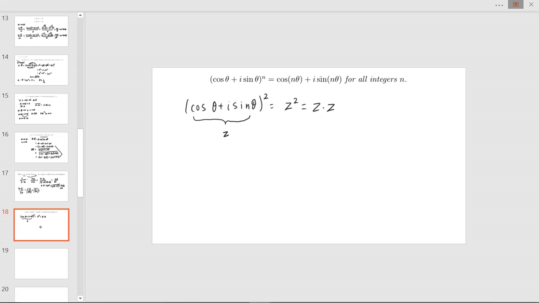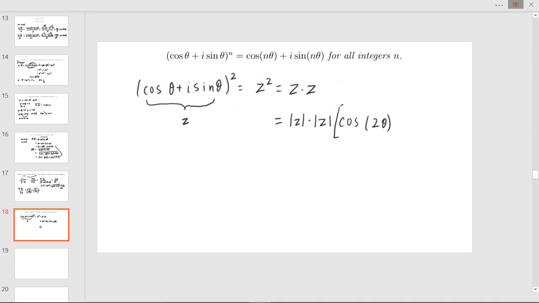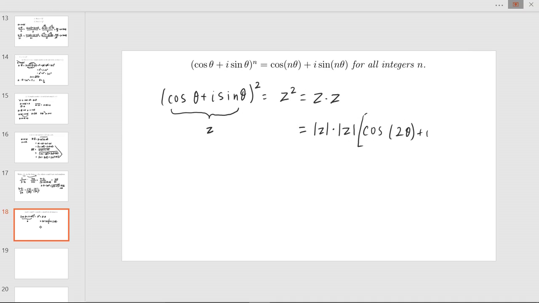If you recall from the first lecture, when we multiply 2 complex numbers, the resulting argument is the sum of the arguments of our original complex numbers. So that's why we have an argument of 2 theta.